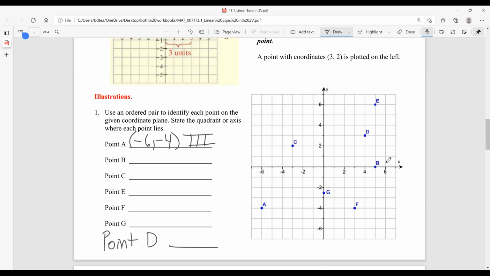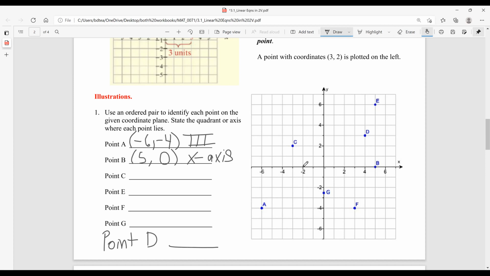The y coordinate is 0. So the x coordinate is 5 and the y coordinate is 0, and it's on the x-axis.